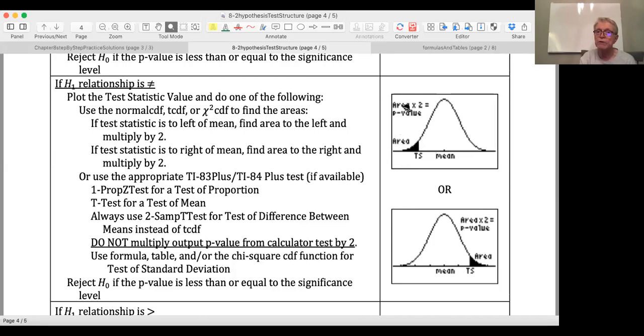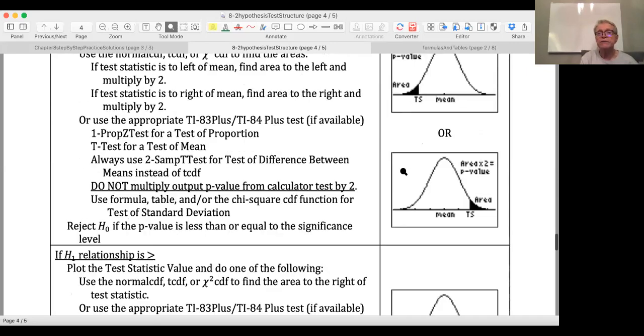We have to multiply it by 2. You have to remember that. You're finding an area farther from the mean than the plotted computed test statistic, and we have to multiply it by 2 for a two-tailed test, okay?